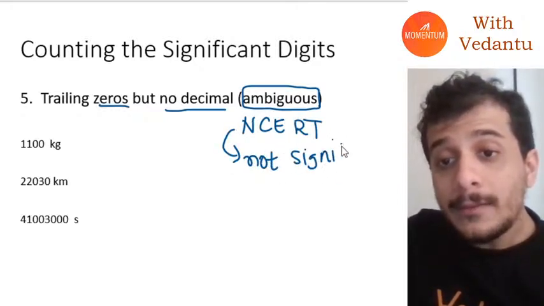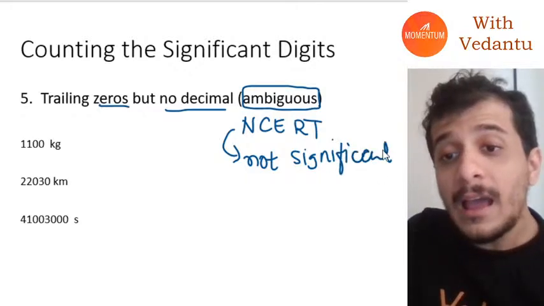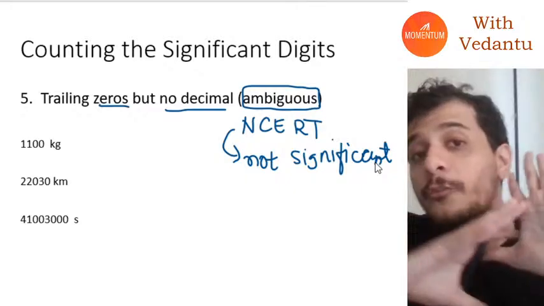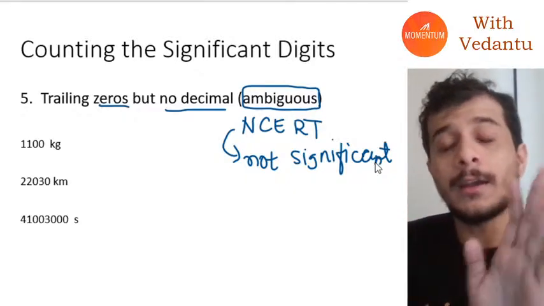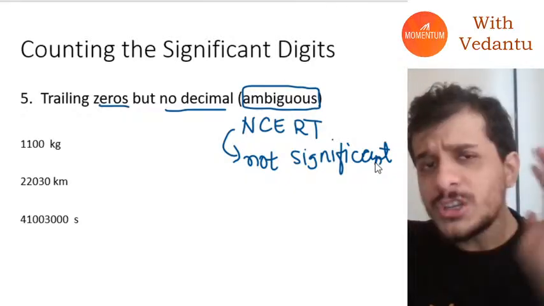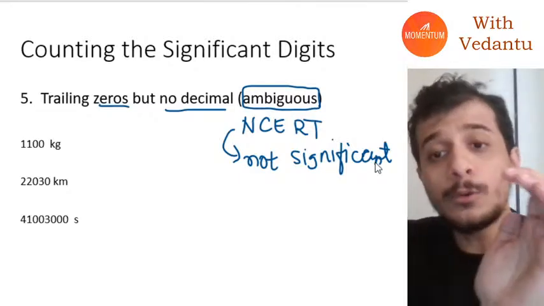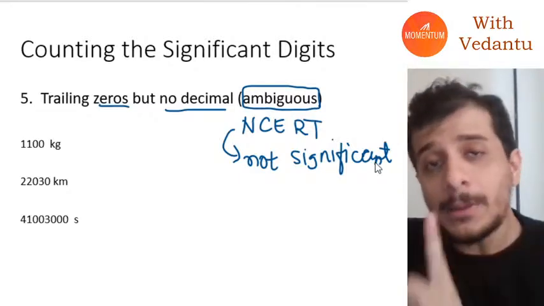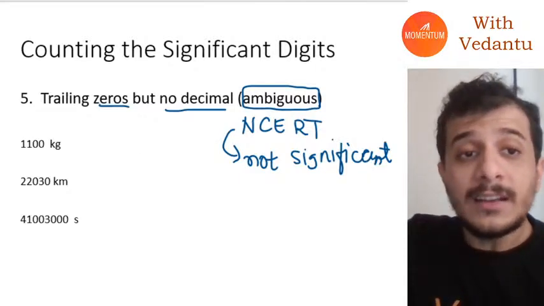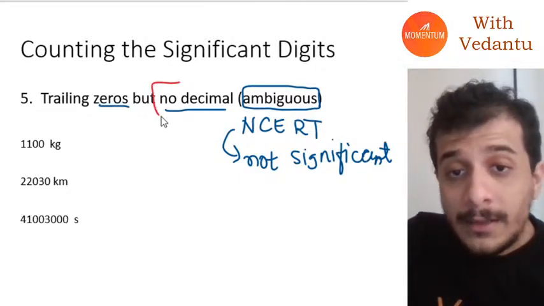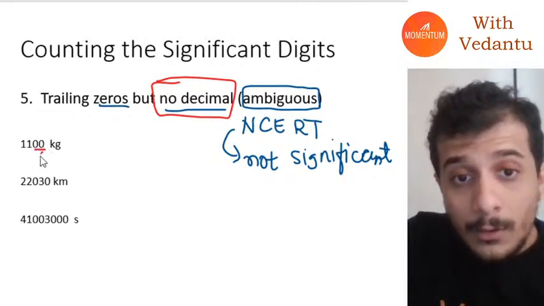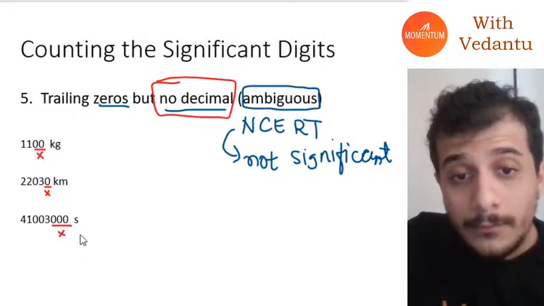In real life they are sometimes significant and other times not, and there are various ways to denote that. But as long as we are keeping ourselves limited to NCERT, because that is what JEE Main and NEET follows, these trailing zeros without the decimal point are not significant. So here these two zeros are not significant, this zero is not significant, these three zeros are not significant.